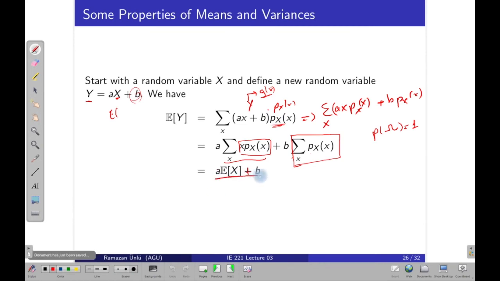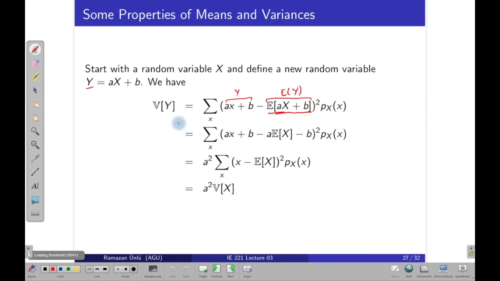This one we did in the previous slide: a times expected value of x plus b is actually equal to expected value of y. Okay, so this part is expected value of y, so I can rewrite this as a times expected value of x minus b. So these two terms cancel each other, and the a squared can go outside the summation because it's constant, and I will get this one, right?